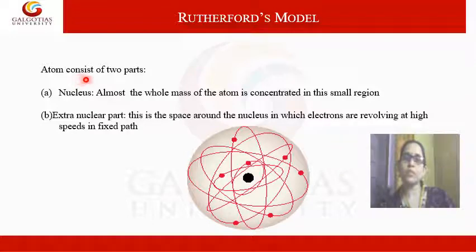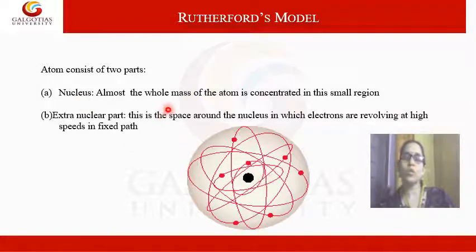After this experiment, what does the Rutherford model give us? According to the Rutherford model, what conclusion did he draw? The atom consists of two parts: one is the nucleus, the other is the extranuclear part. The nucleus is positively charged and is a small solid sphere present at the center of the atom.